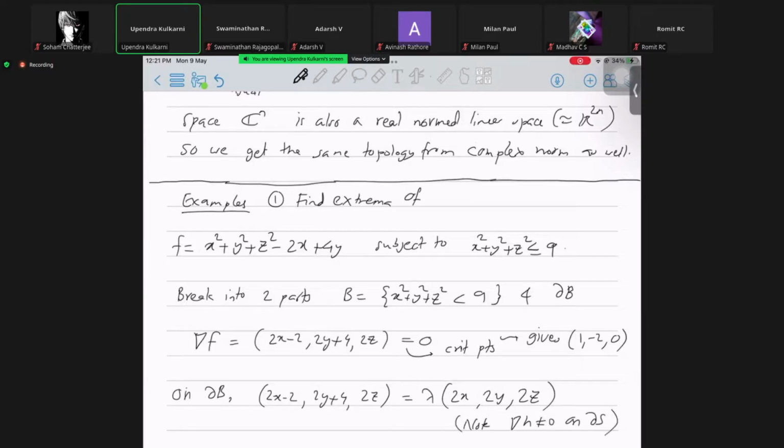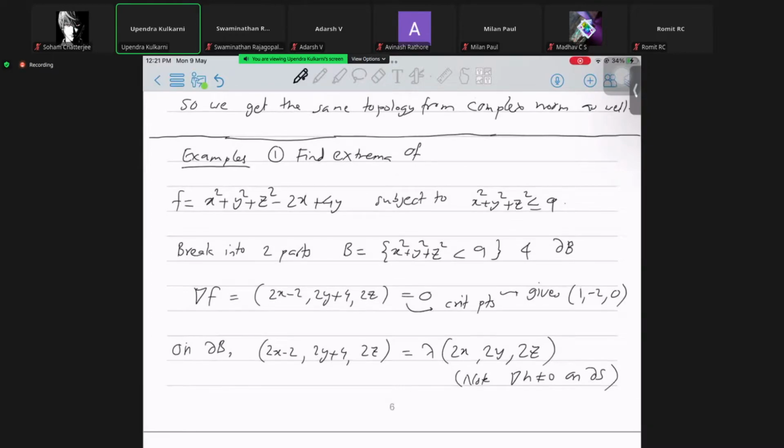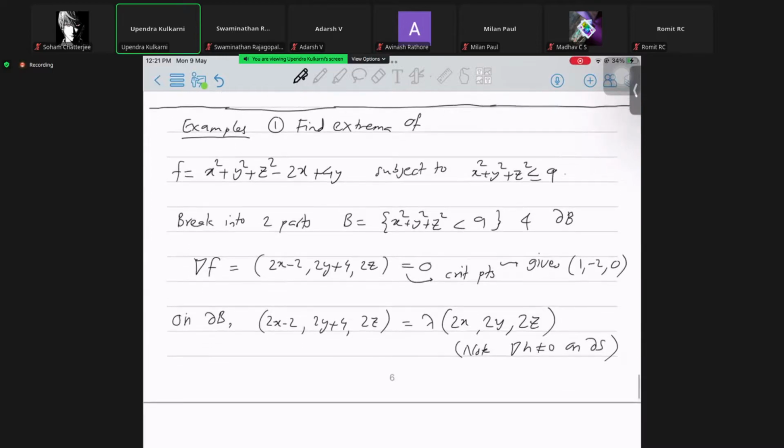Because all of those cannot simultaneously be 0, since their squares have to add to 9. Okay, so I just solve. What does this give me? This is straightforward, I mean, it's a computational exercise.